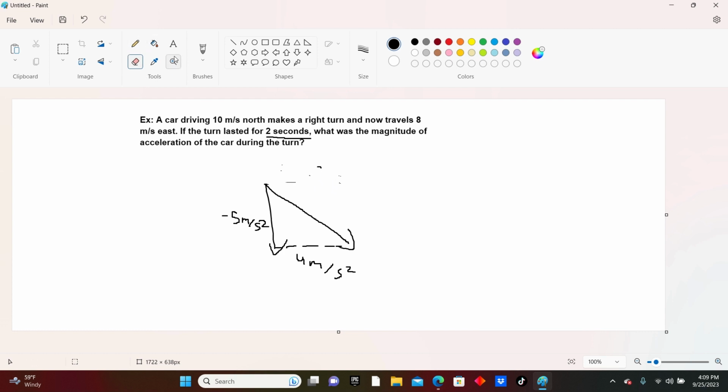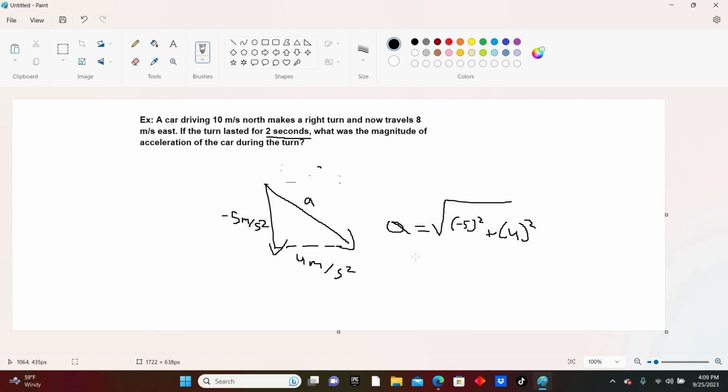So how do we find the length of this? We'll just use the Pythagorean theorem. I'll represent this as a, just regular a. So a equals the square root of -5 squared plus 4 squared.